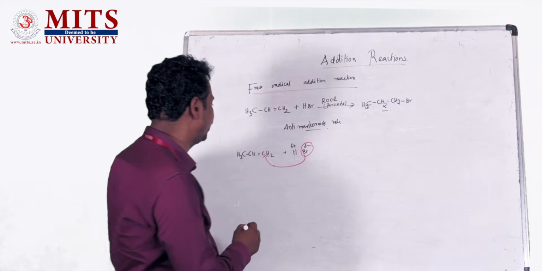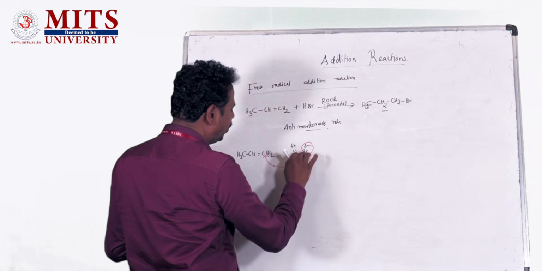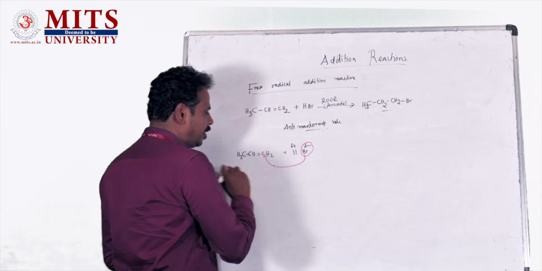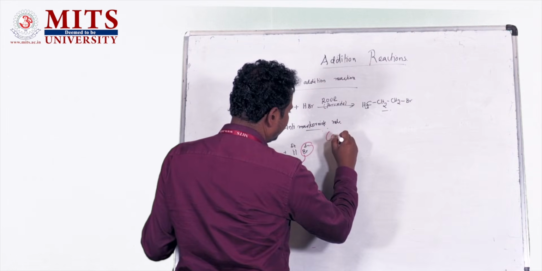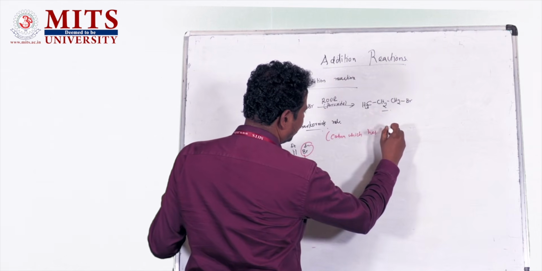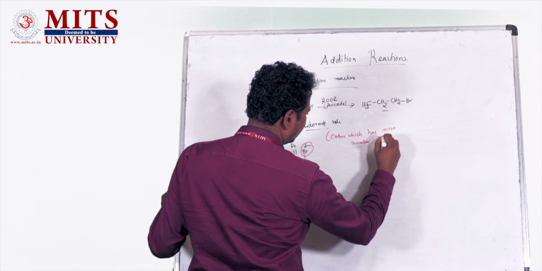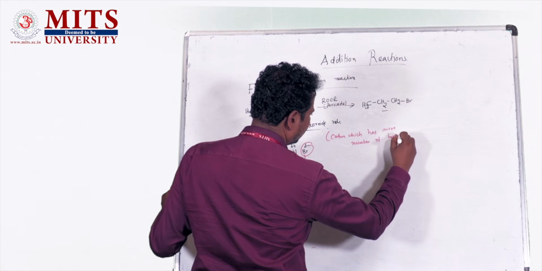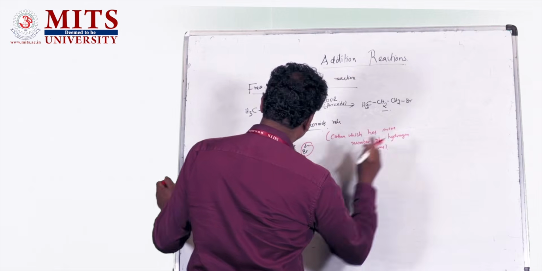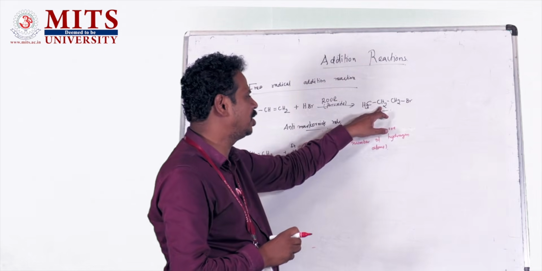So the bromine will be attached to this carbon that has two hydrogen atoms, the carbon which has more hydrogen atoms. Based on that, we will obtain CH3, CH2, CH2Br.